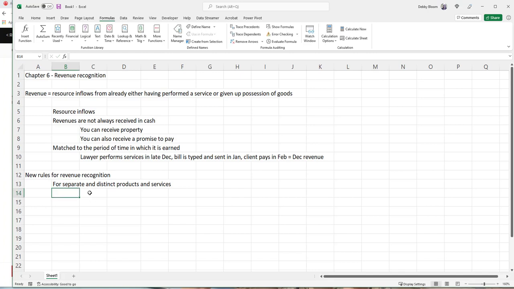So, for example, let's say I'm Dell Computer Company and I sell a computer, or I sell a computer with a standard warranty. That is just one product, and I can use the revenue recognition rules stated above, that as long as the product has passed the FOB point in the contract to the customer, then I can recognize the sale in that period.